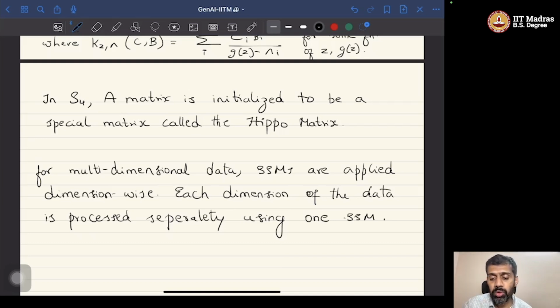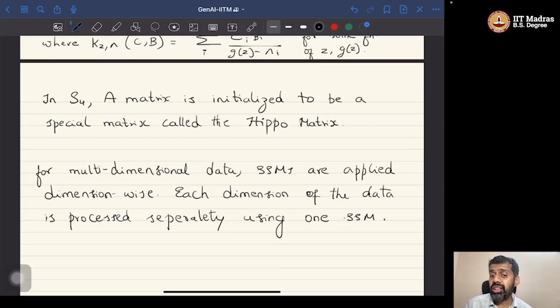So just like we do multi-head attention in an attention based transformer, where the input data dimensions are split into several short vectors, here an extreme case of that is considered, where every dimension of the data is separately processed using a different state space model.